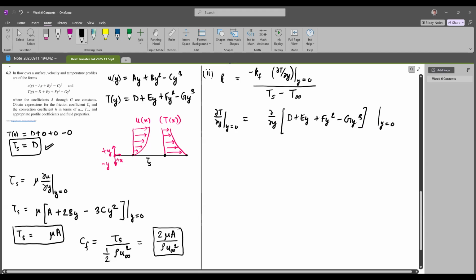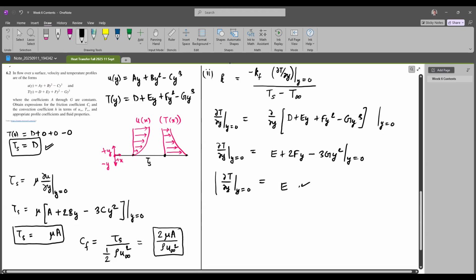So we'll get ∂T/∂y at y equal to 0 as E plus 2Fy minus 3G y square, all at y equal to 0. So we are going to get ∂T/∂y at y equal to 0 as E. And that's it, right? Because these terms cancel out at y equals 0.